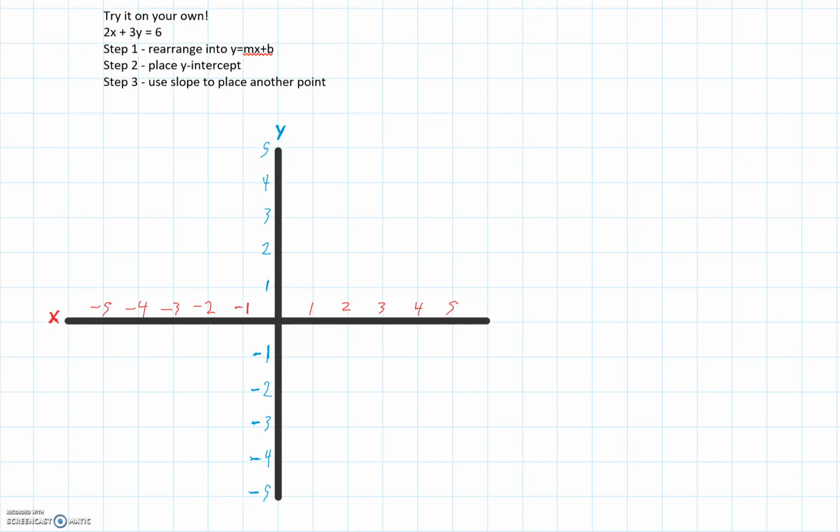Okay, for y equals mx plus b, you should have y equals negative 2 over 3x plus 2. Sorry, I made a mistake at first. Yes, there you go. So that's what you should have.